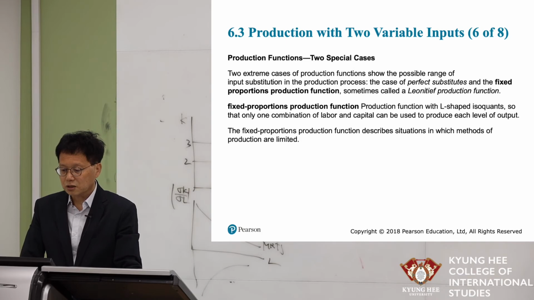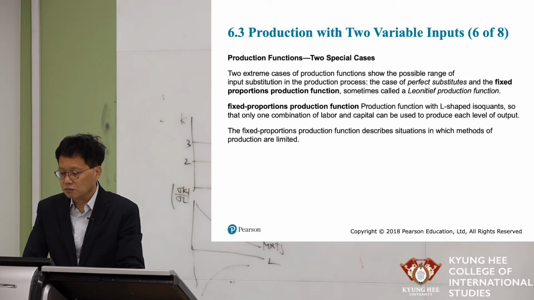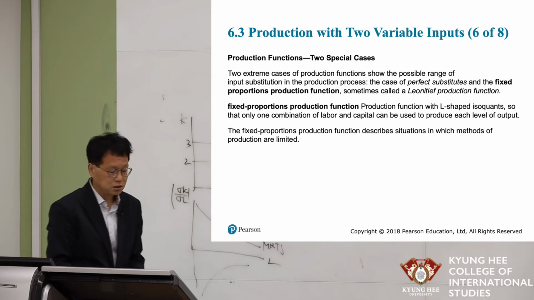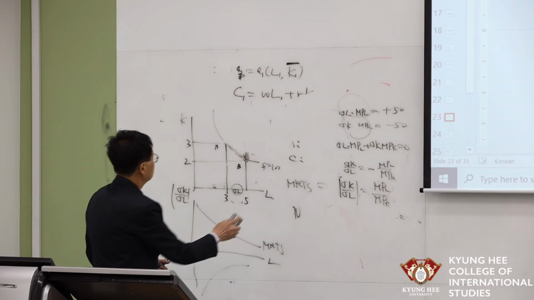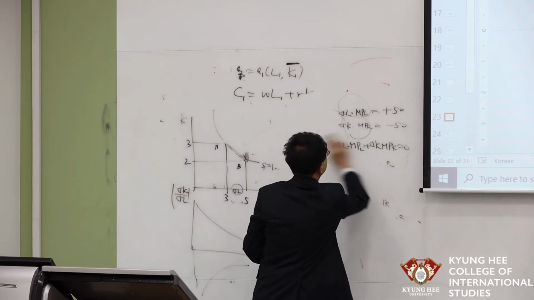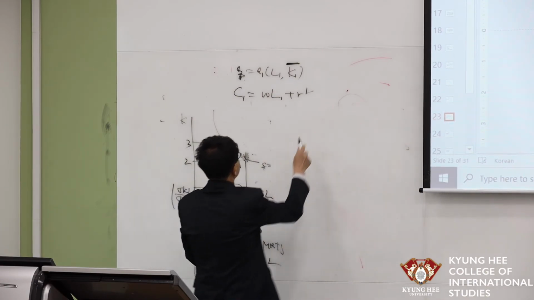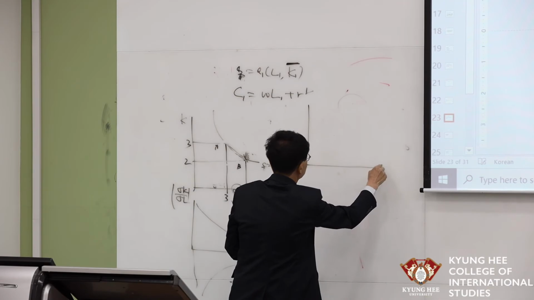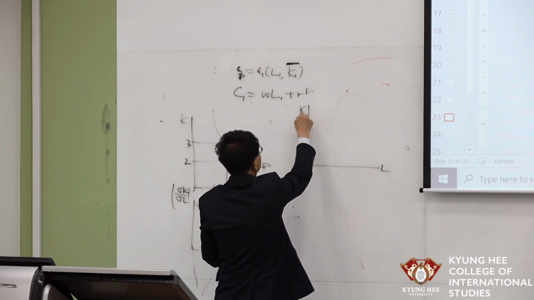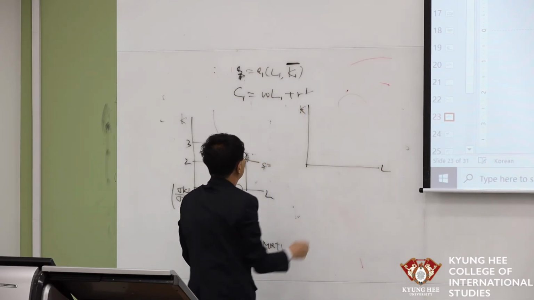Two special cases of production function. The extreme cases of production function show the possible range of input substitution in the production process. The case of perfect substitutes. The production function is perfect substitutes. For example, labor and capital, right?